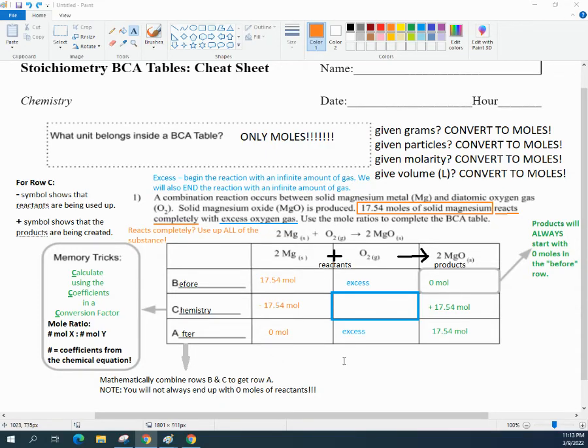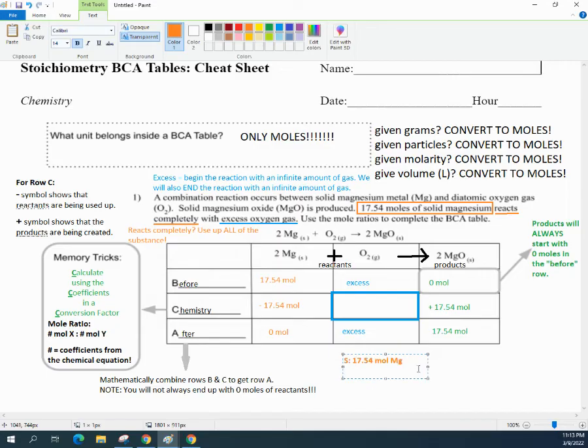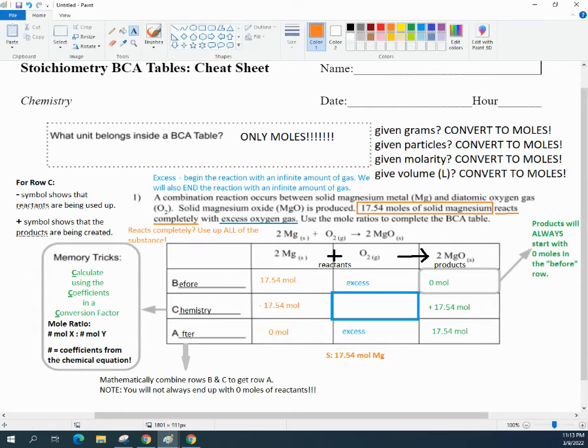So I have 17.54 moles of magnesium. That is my starting value. All right. Then our unknown is the number of moles of oxygen, right? Because that's what we're trying to figure out here in the chemistry row.